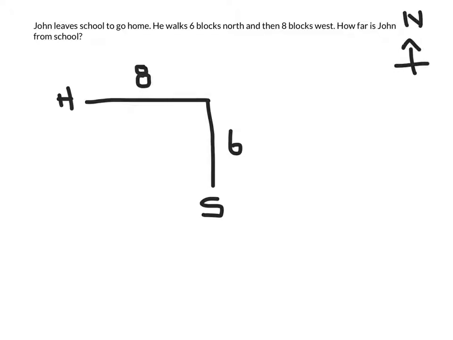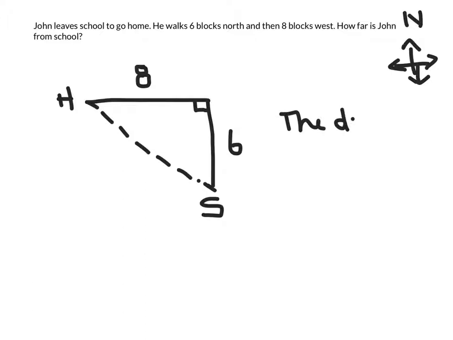Now, because we know that we have north, south, east, west, our quadrants, we know that this is actually going to be a right angle. And so what we're trying to find is the distance from home to school, which is that line there. So you can see that we have a triangle. So the best thing with a word question like that is to always draw a picture.